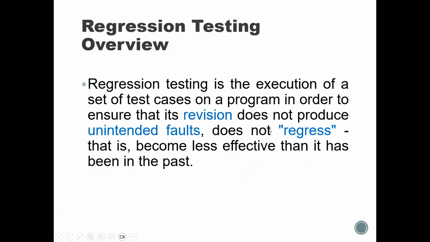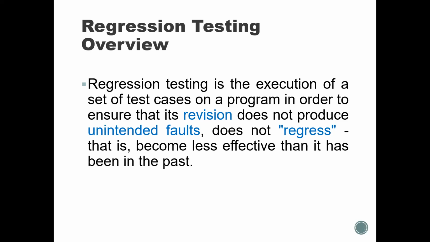If I talk about this as an overview or a generic definition, regression testing is basically the execution of certain test cases on a program, like we saw earlier, which is P. It is done to ensure that the revision or modification you have done does not produce any unintended faults.